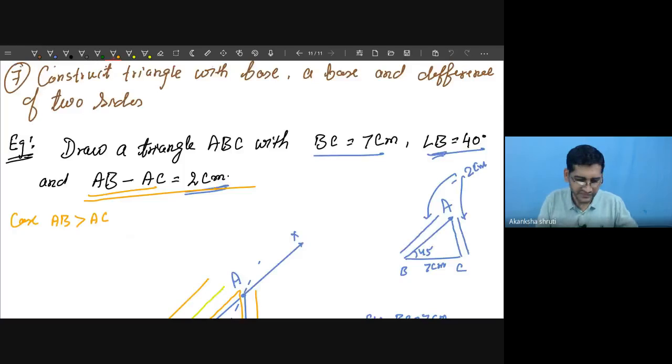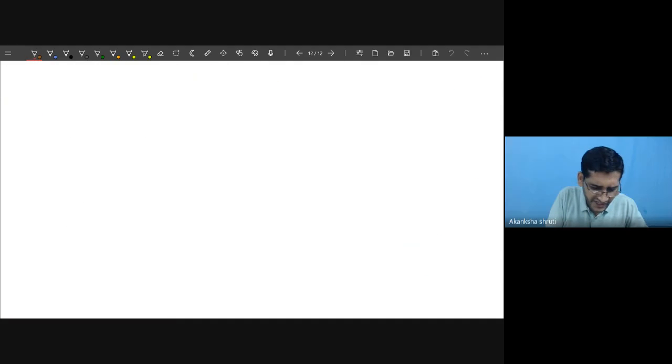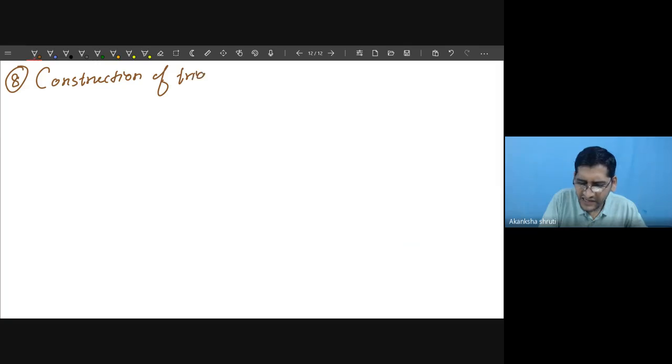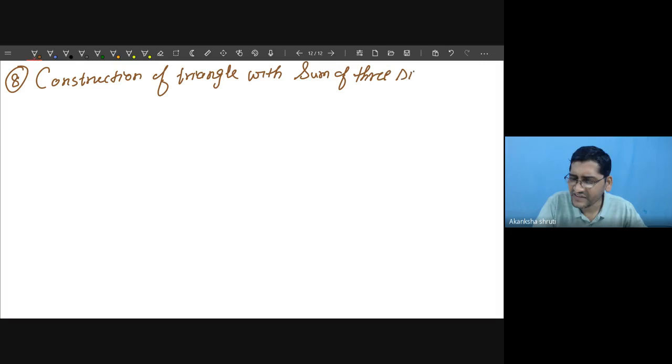So the last kind of construction, type 8: construction of a triangle with the sum of three sides.